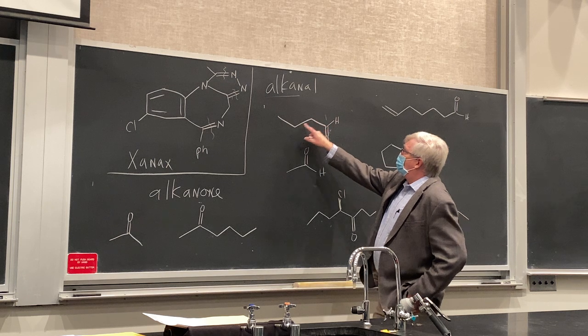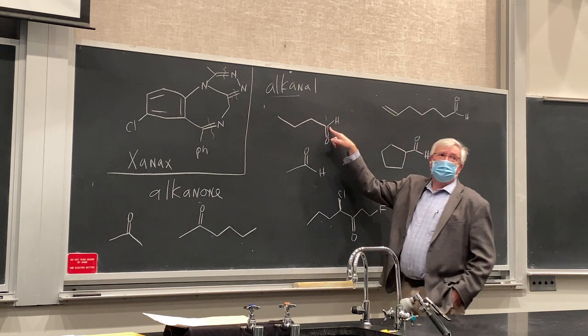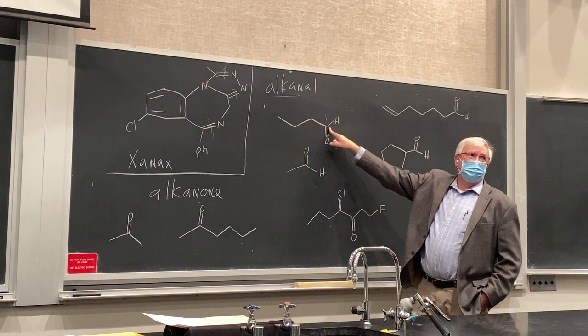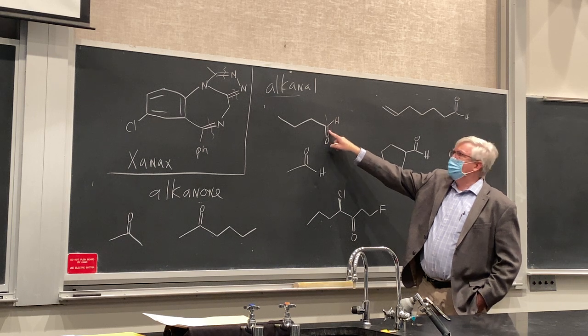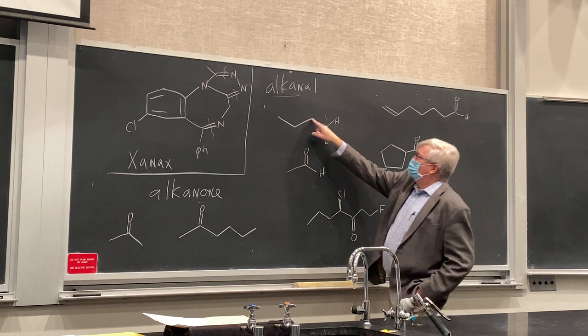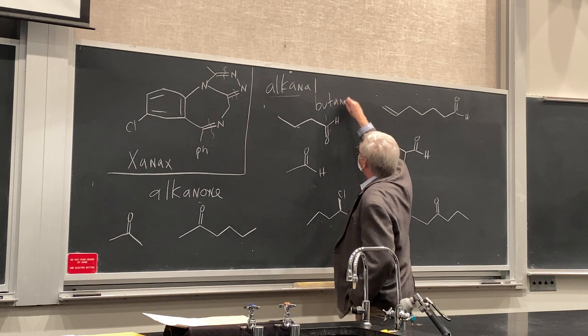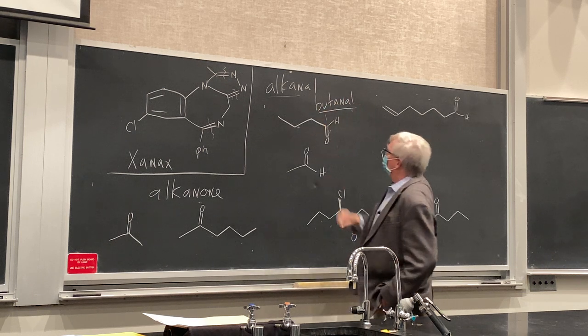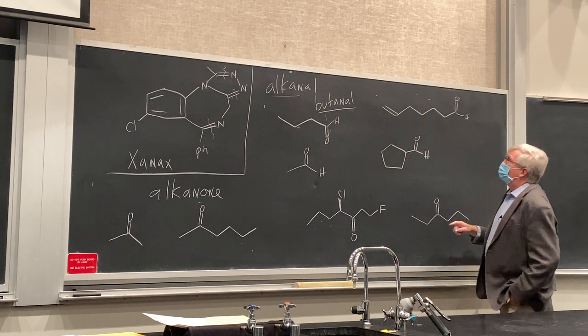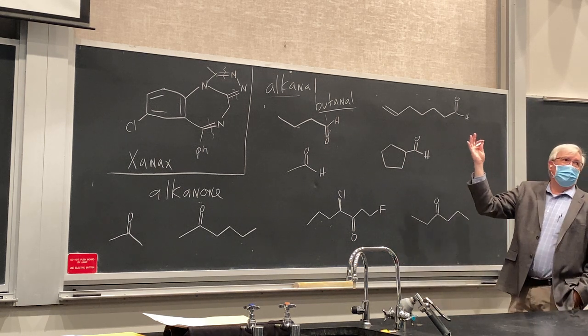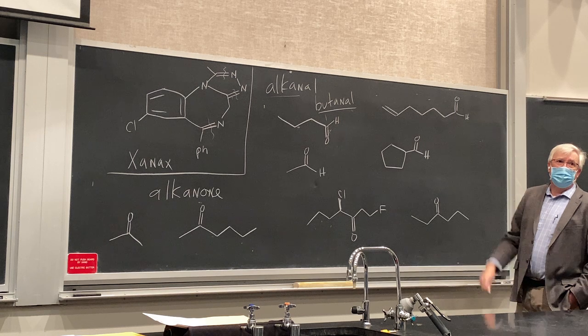And then count up the parent and count the carbons, just like we did for benzoic acids and carboxylic acids, right? We always counted that. So 1, 2, 3, 4. So this is what? Butanal. Now, we don't need any numbering there.